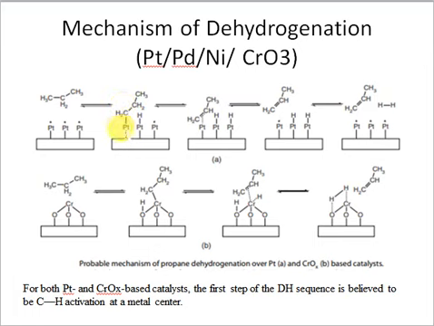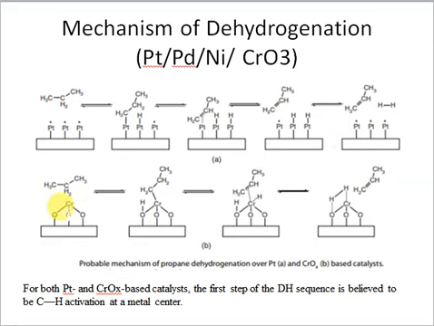The metal tends to form a bond with the carbon of the alkane, and the hydrogen gets shifted to the metal. Then a carbon-carbon double bond is created, and when the formation of the double bond is complete, the alkene detaches itself, and the metal loses the two hydrogen atoms in the form of a hydrogen molecule. So this is the mechanism for formation of alkene by metals such as platinum, palladium, or nickel.